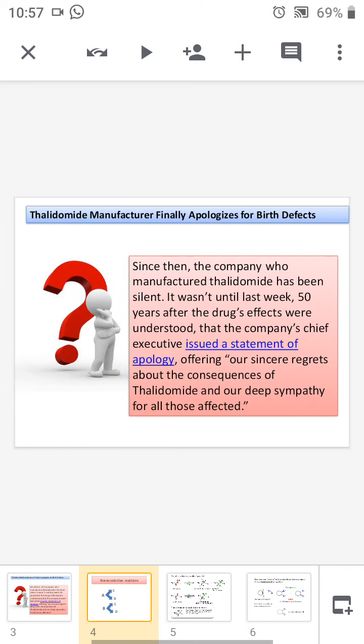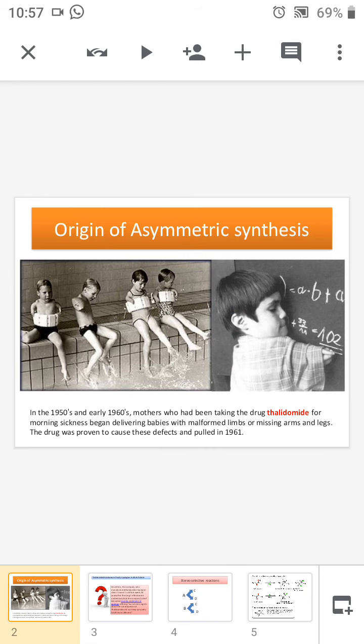Now we are moving back to the first event. In the preparation of thalidomide, we get two products, and this is a stereoselective reaction. One of the stereoisomers is used as a drug for morning sickness, and the other causes the reverse effect.